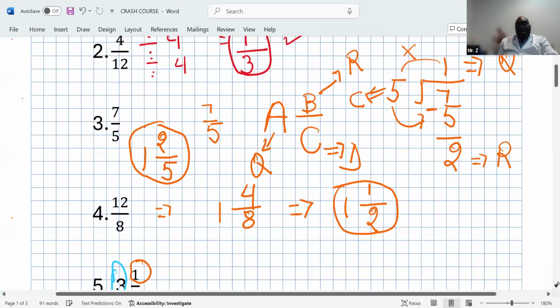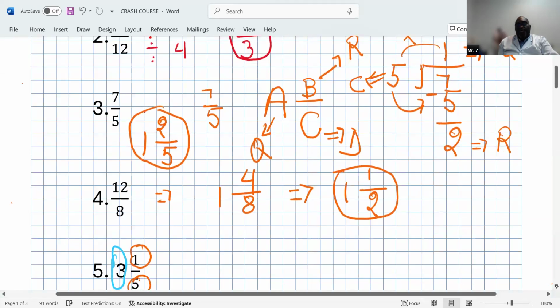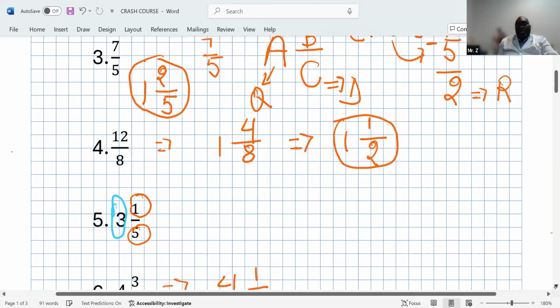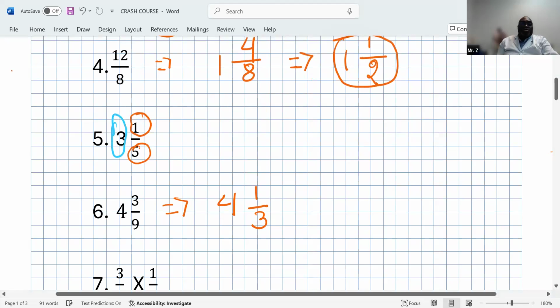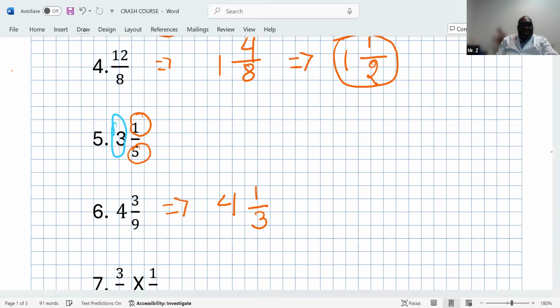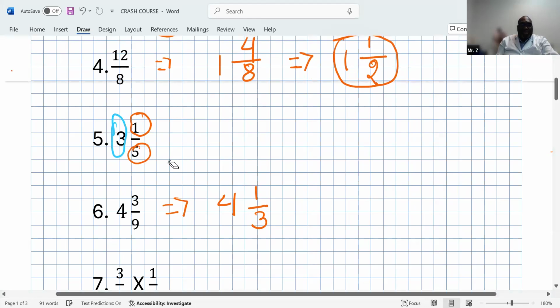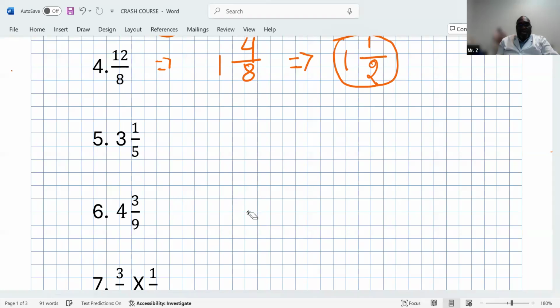Okay. Now let's learn how you go from a mixed number back to an improper fraction. We're going to deal with number 5, so you can learn how to convert a mixed number back to an improper fraction.